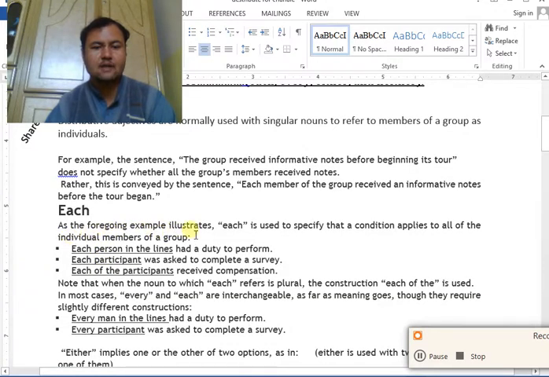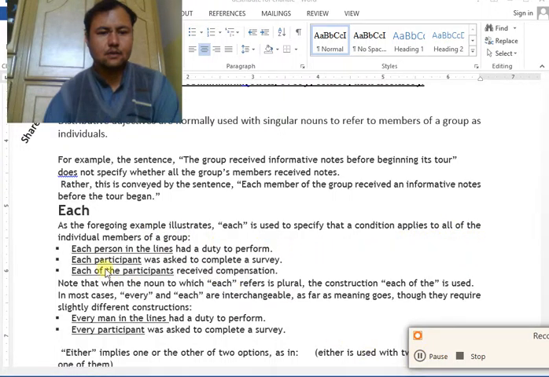As the example illustrates, each is used to specify that a condition applies to all the individual members of the group. Each person in the line had a duty to perform. Each is modifying the person, the noun.